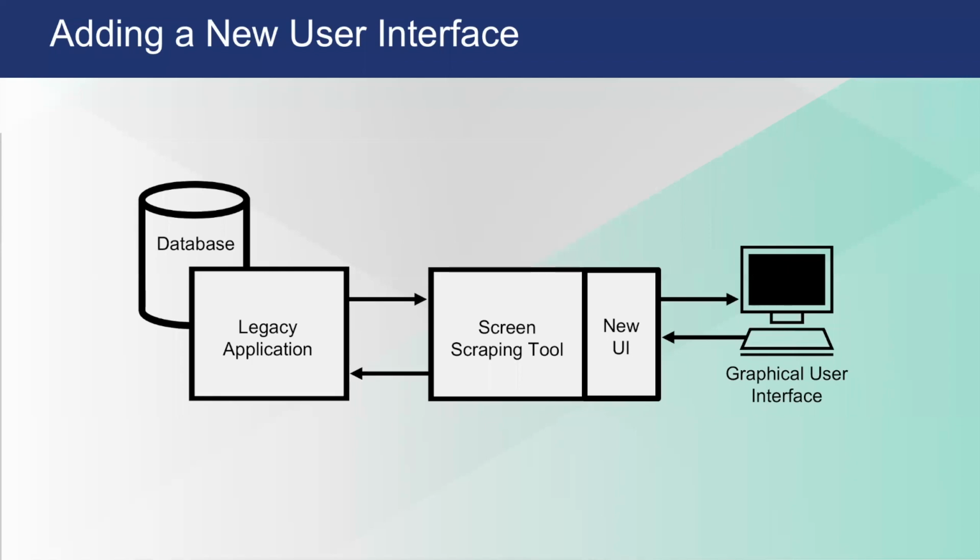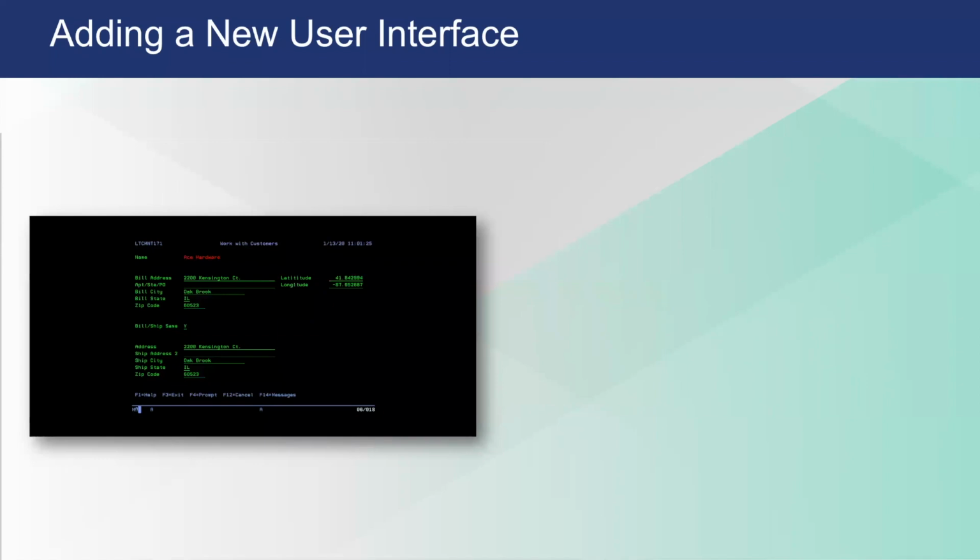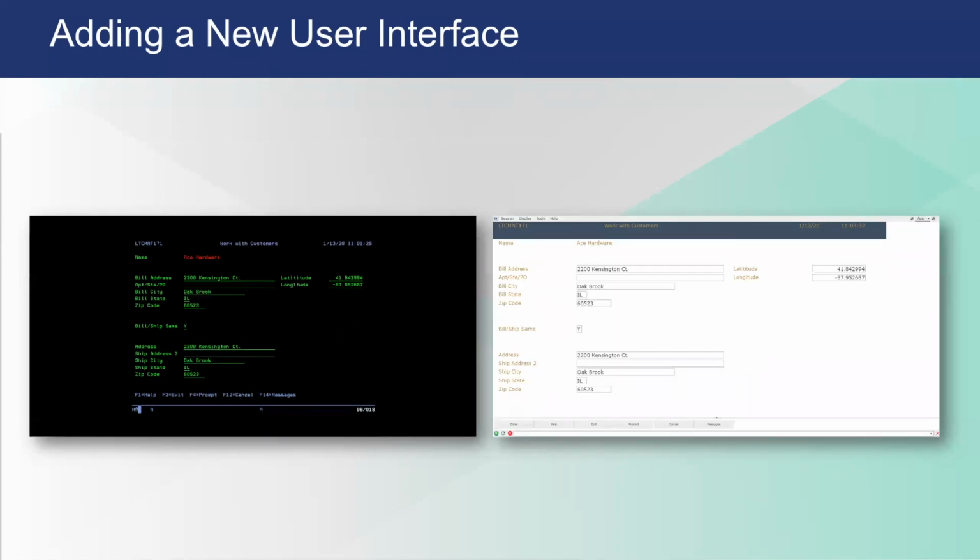So it's not really just screen scraping anymore. You're now adding new functionality, new user interfaces, new screens, new pages to the application that don't even look remotely, or may not even work remotely, like the original application did. It's still the legacy application working away, but the user interface is interacting with it differently than it did when it was pure screen scraping.